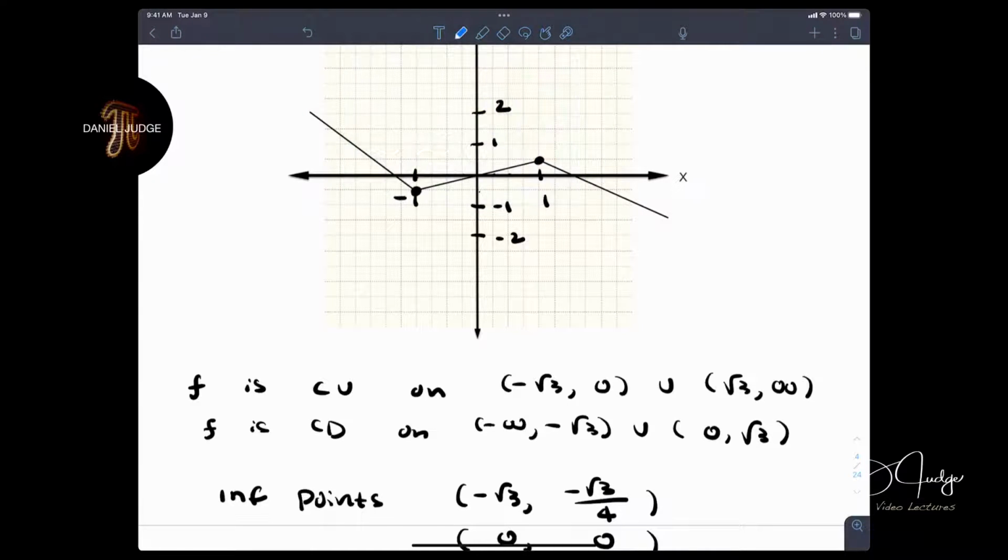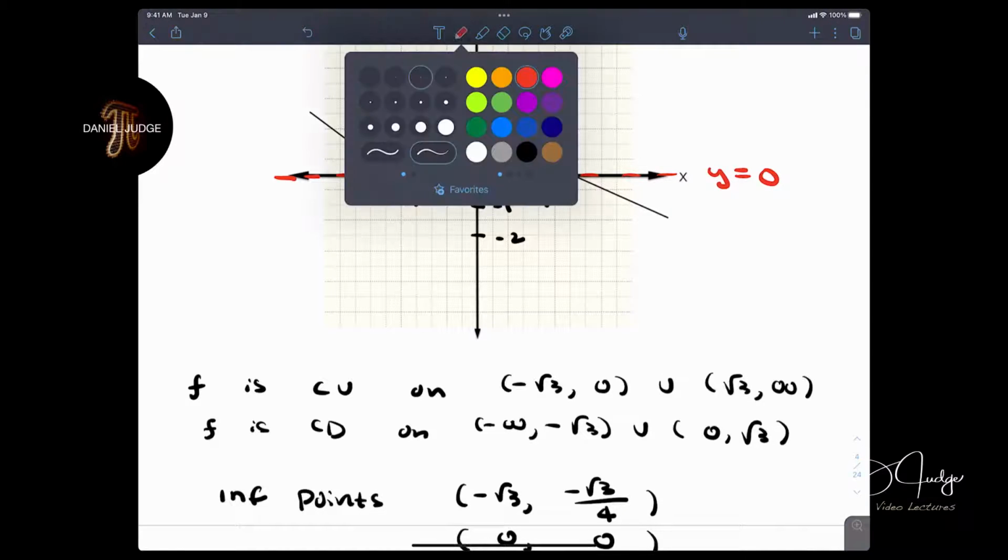We know we have a horizontal asymptote of y being 0. So we never cross this line of y equal to 0, except possibly in the middle, and we do. That's what this means, because this is a limit at infinity. This is as x goes to infinity. It's not in the middle. It's end behavior.